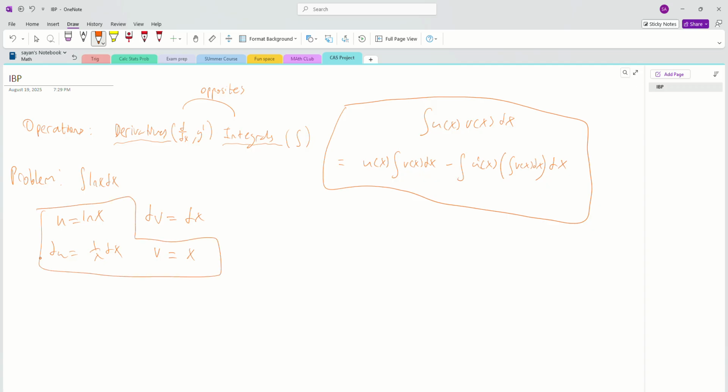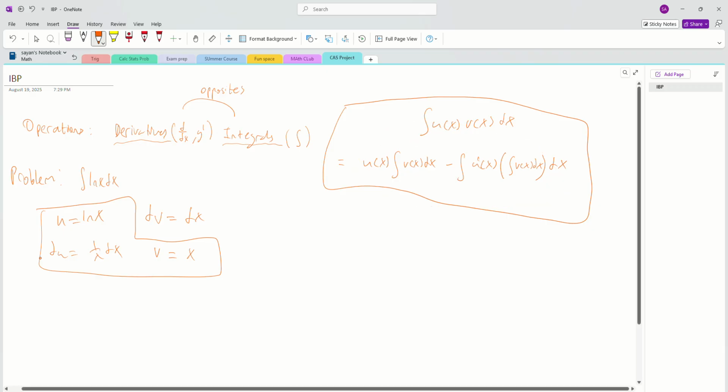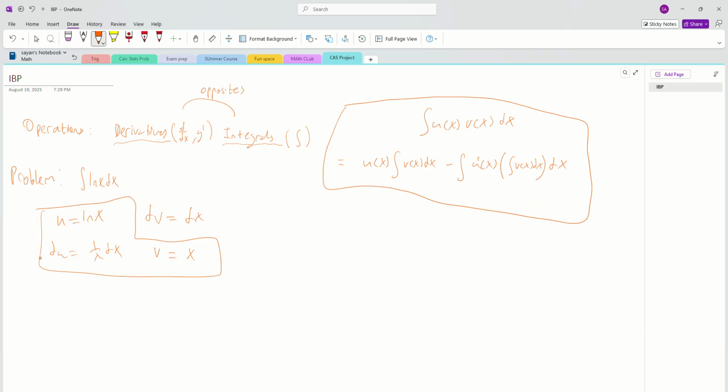Okay? Now we're going to build our integration by parts over there. So we're going to start with u, which is ln x, times the integral of dv, which is just v, so x, and then we're going to subtract the integral of 1 over x, right?